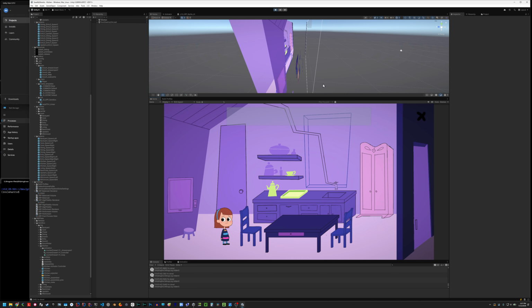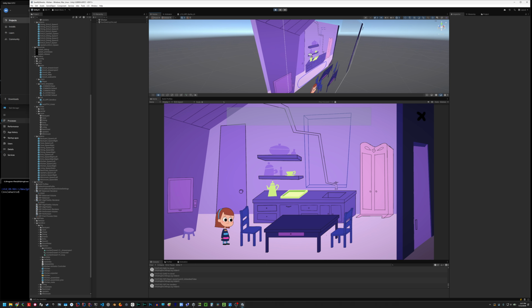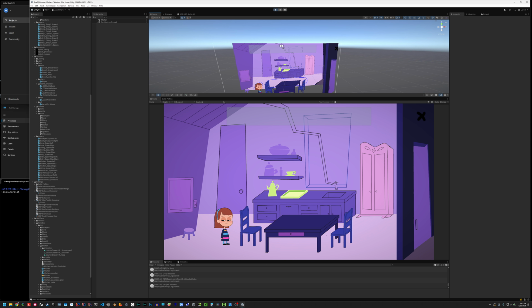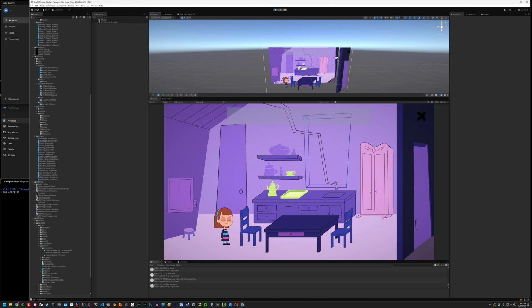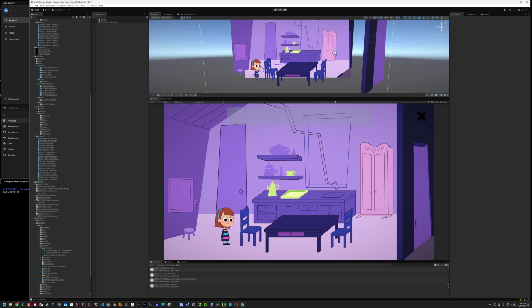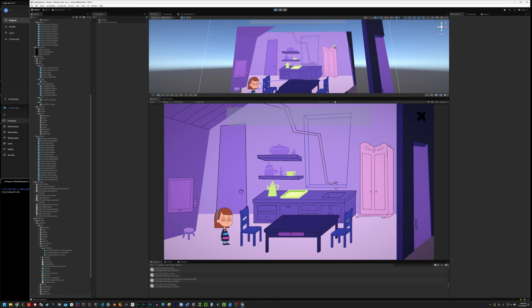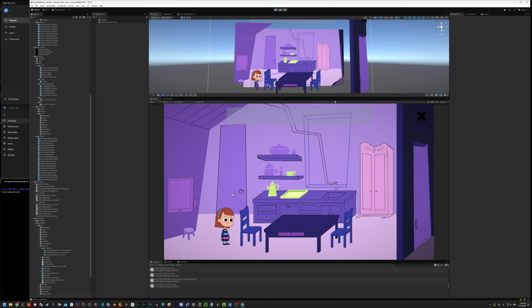But her movement on the Z-axis is also coordinated with her movement on the Y-axis. So, for example, if I move down, right, something like that. When she moves up, she's moving up, but she's also moving forward and backwards.